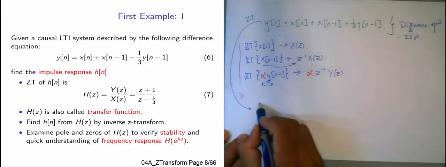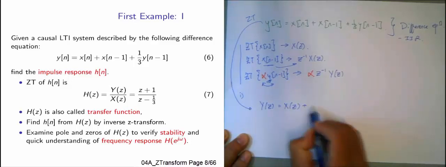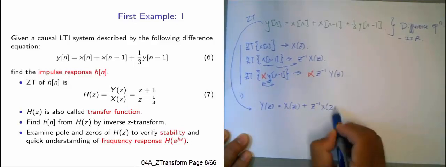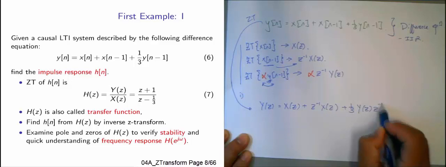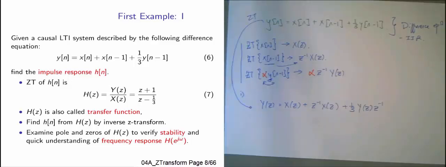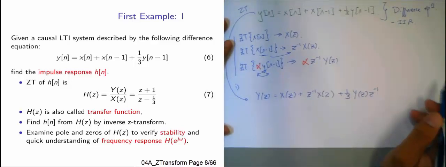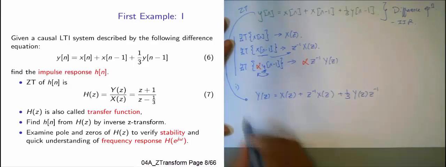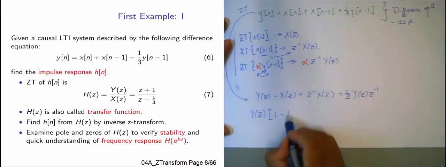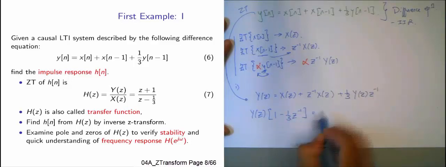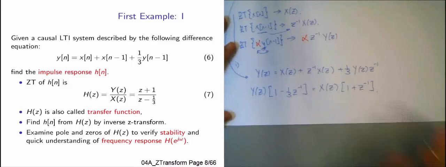So y of n becomes Y of z, and now the rest I can do, plus 1/3 Y z to the minus 1. And we have just converted very quickly the difference equation to the Z transform, and now I bring it together. Y of z, 1 minus 1/3 z to the minus 1, and I have this equation.